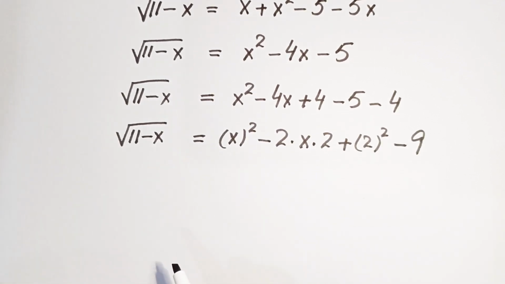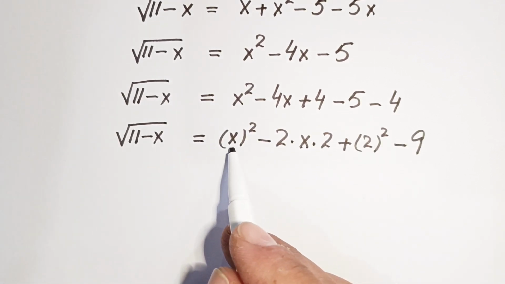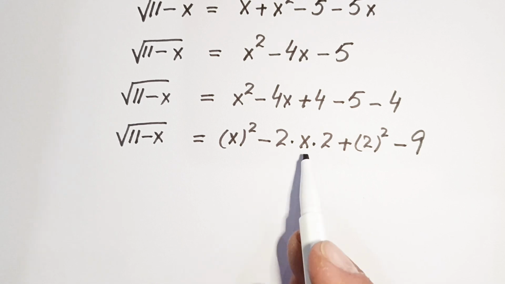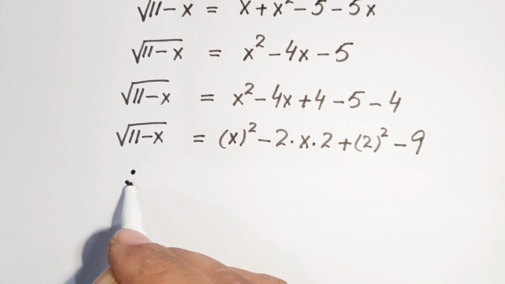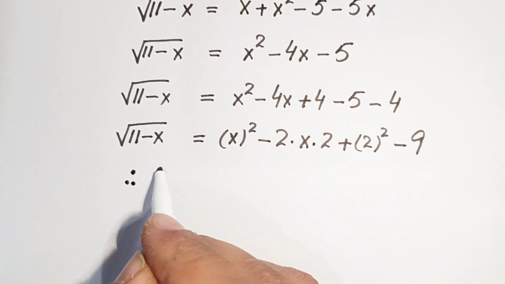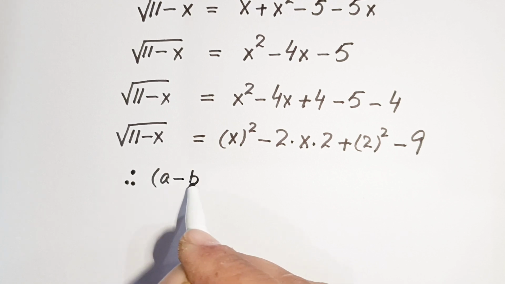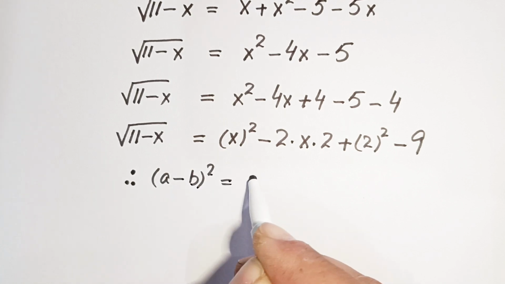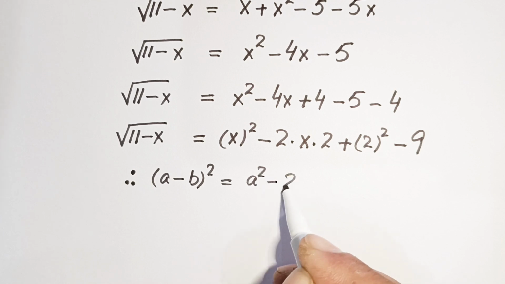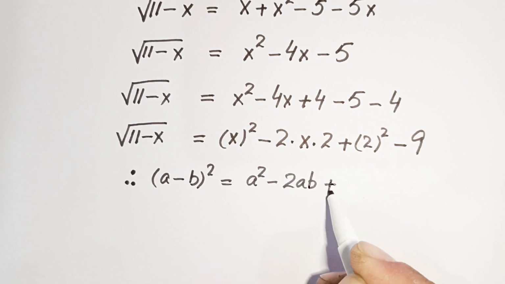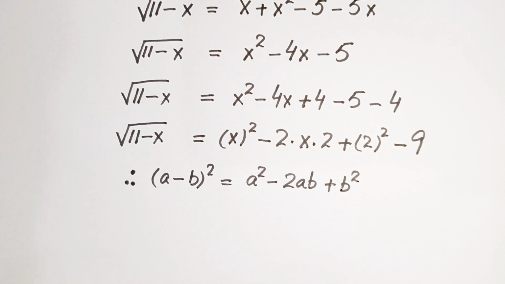Now we see that it is actually a squared and b squared minus 2 times a times b. So we know by algebraic formula that if we have a minus b whole squared, that is equal to a squared minus 2 times a times b plus b squared.